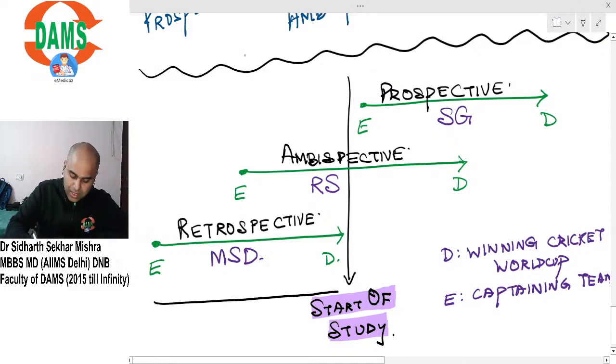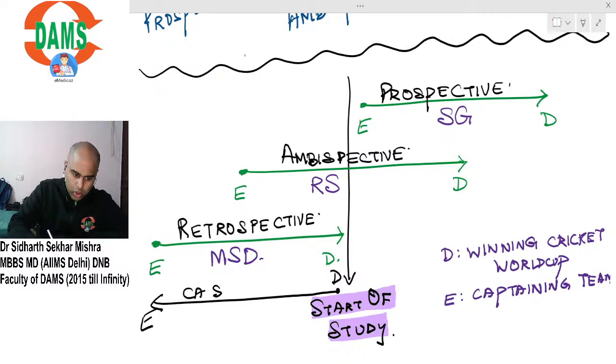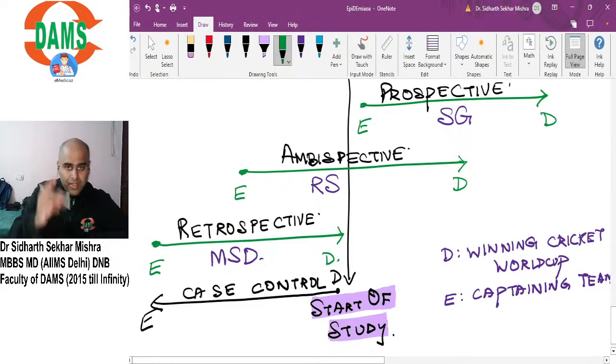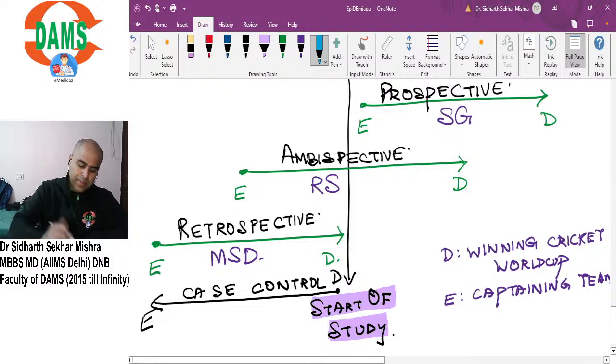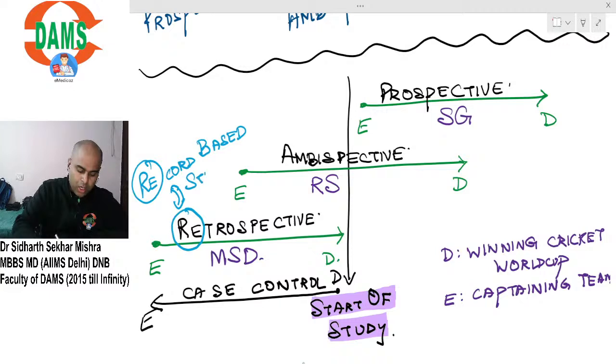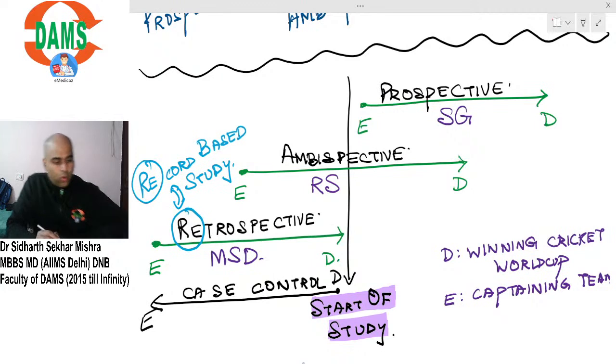Now guys, the confusion happens in case control. Now look, the direction of arrow is opposite, but we cannot expect you guys to pick up the direction of arrow in the exam. That is the reason we tell you tricks, and it is record based. It becomes a retrospective cohort. I hope I'm clear with this.